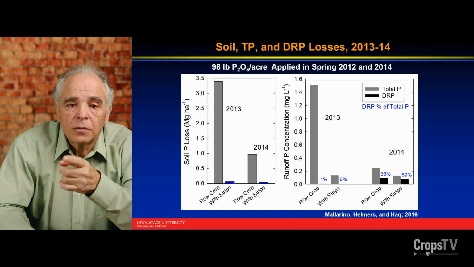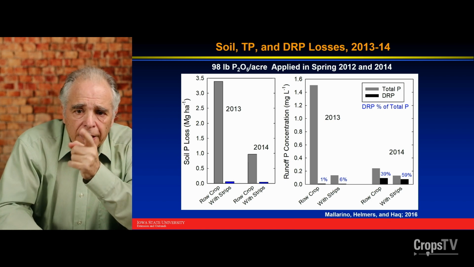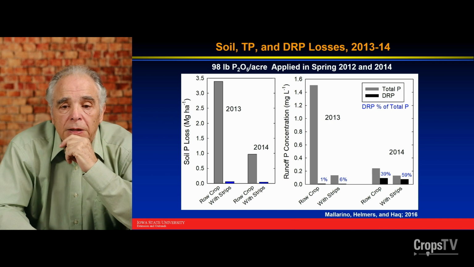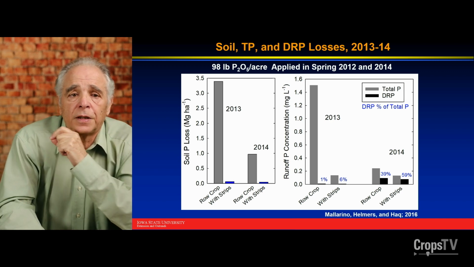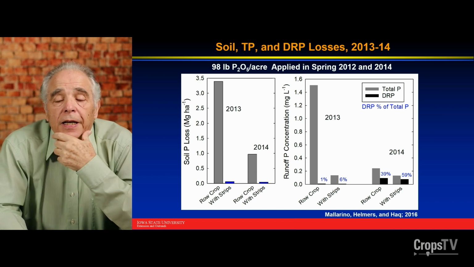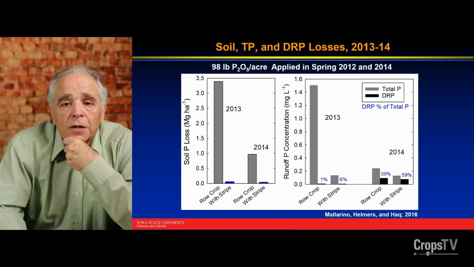On the right, we have concentration. Unfortunately, when I did this slide last year, I still hadn't got the total P analysis that Helmers' group was doing. So these are concentrations, okay? These are not losses. And then we see that here we have again total P in gray and the dissolved reactive P in black.